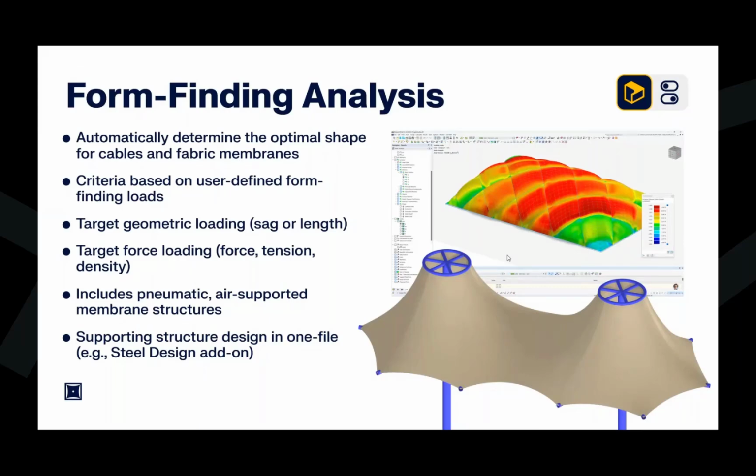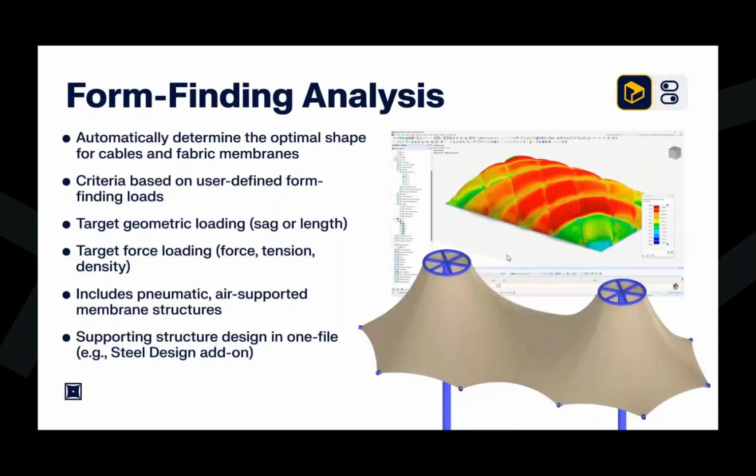And once we input in this form finding load, this pre-stress load, the program automatically calculates the best shape for us, this catenary shape. So we don't have to model this manually within RFEM. Now, when we activate this add-on, we have a few different loads available to us specific to the form finding process.